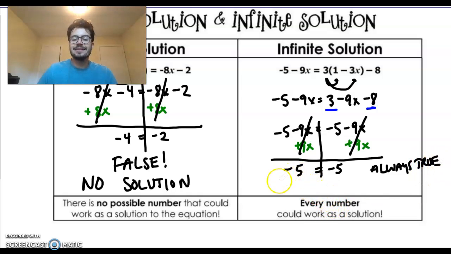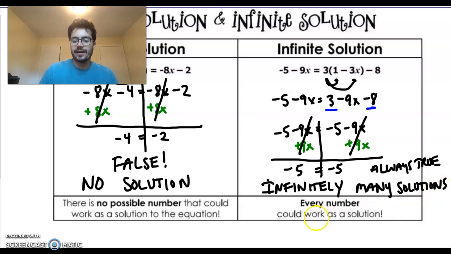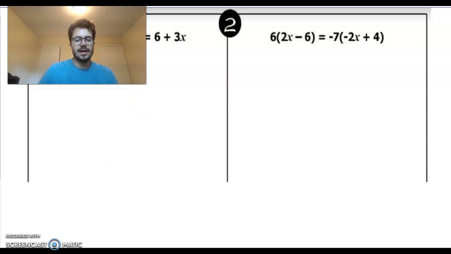So what that means is there's infinitely many solutions. I can put any number for x, any number in the world, and it would work. So let's practice a little bit.